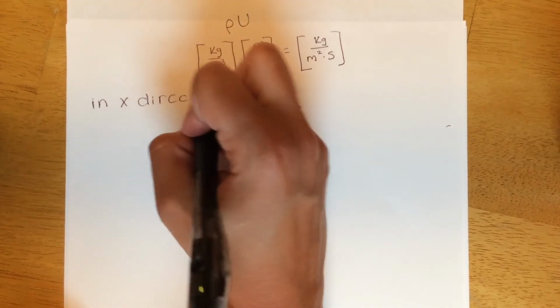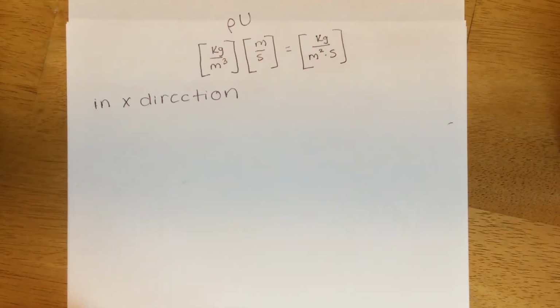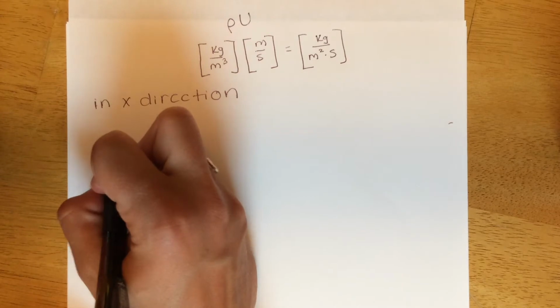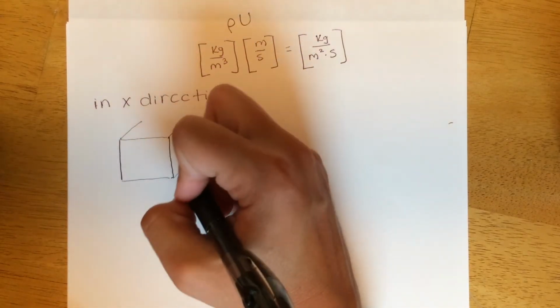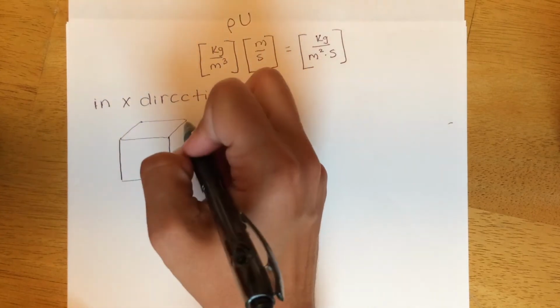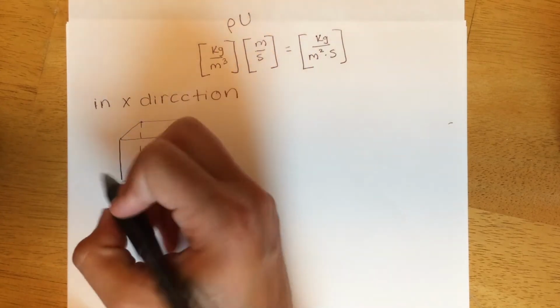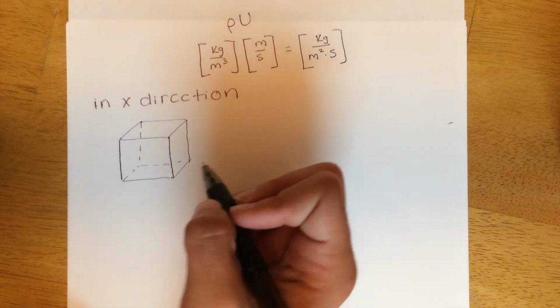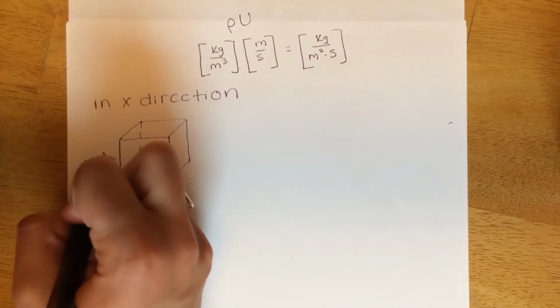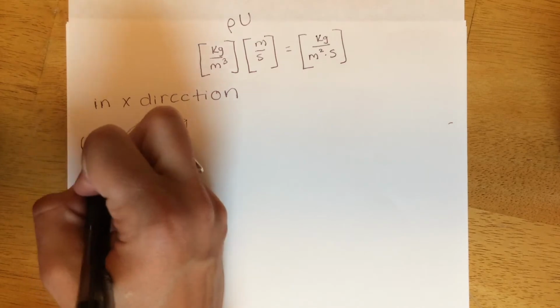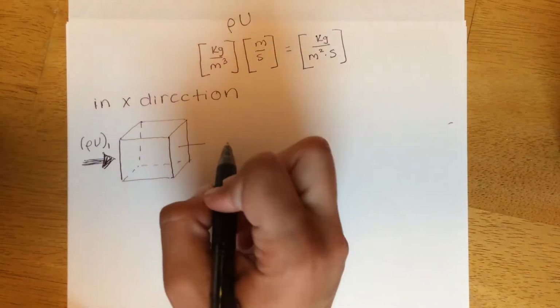So we'll derive our continuity equation in the x direction and apply the same concepts to the y and the z directions. Once again, we have our volume of fluid, and we have mass density flux into and out of the cube.